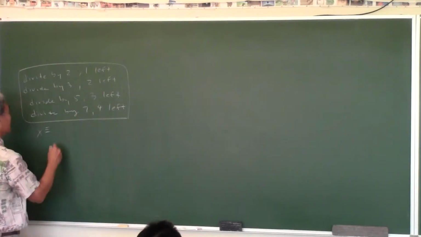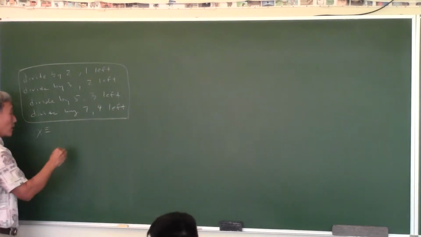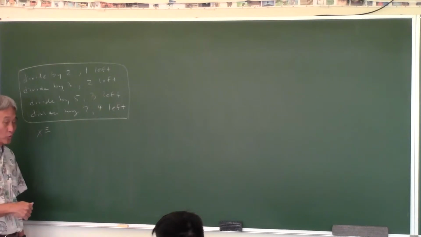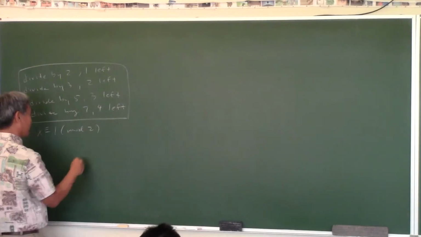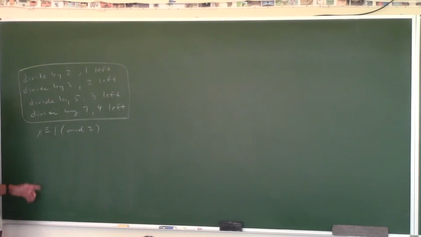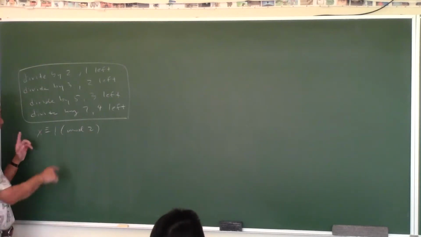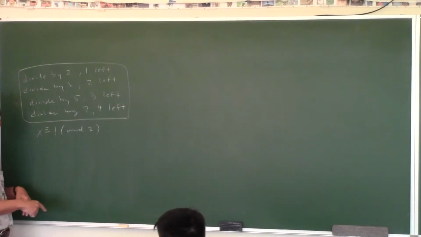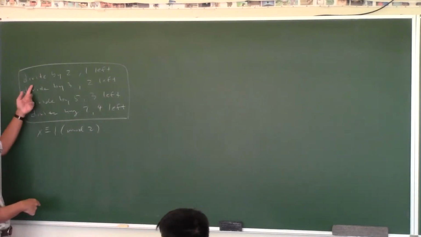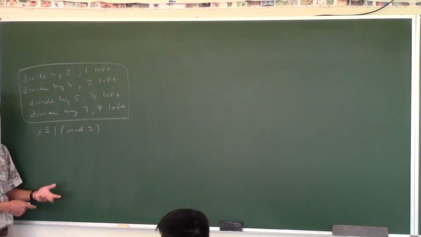Is it 2 mod 1 or 1 mod 2? It's 1 mod 2, because x and 1 have the same remainder when you divide by 2. Because you said when you divide it by 2, you get 1 left over, right?